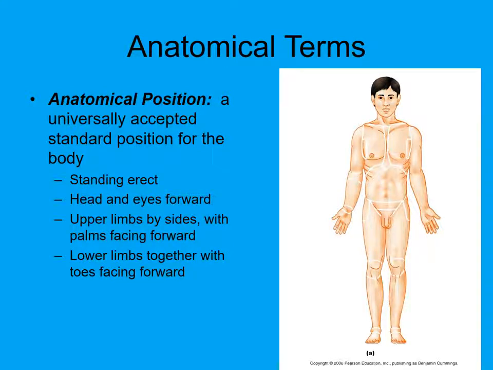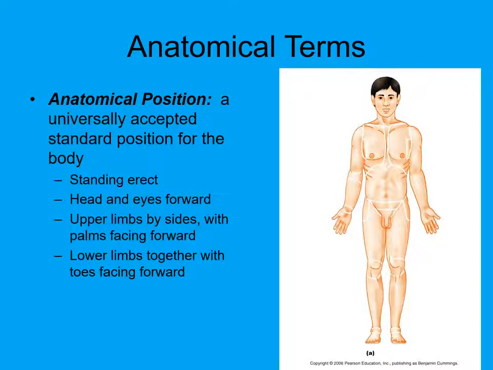We're going to start first with anatomical position. Anatomical position is just this universal standard of how you're going to be viewing the body. This is the way most pictures are going to be drawn. And the anatomical position is with the individual standing up, facing forward.